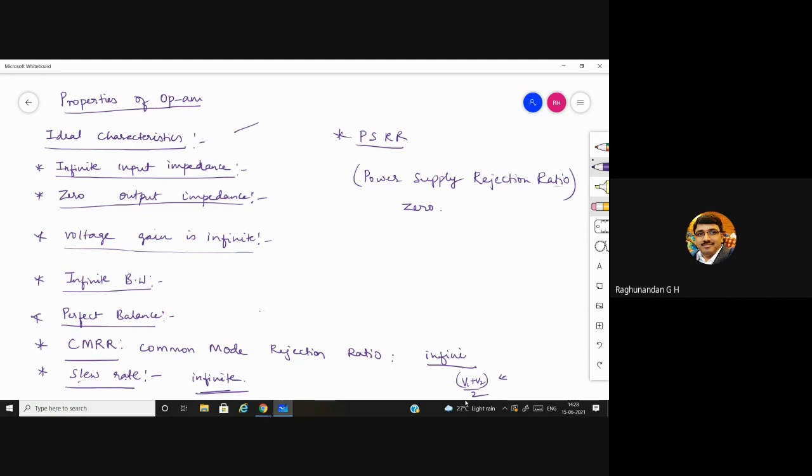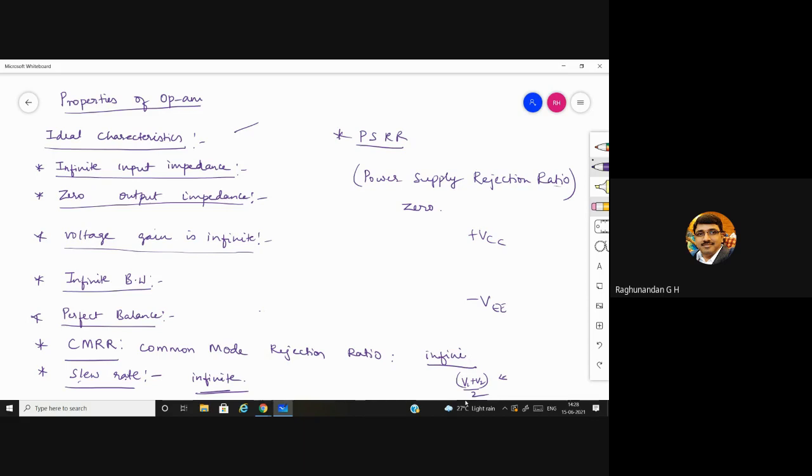That means the ratio of change in the input offset voltage to change in the power supply voltage, keeping other power supply constant. We define like this. But actually power supply rejection ratio is 0, indicates irrespective of any changes in plus VCC or minus VEE, there will be no effect to the input signal or the output signal. That is what the power supply rejection ratio will tell.